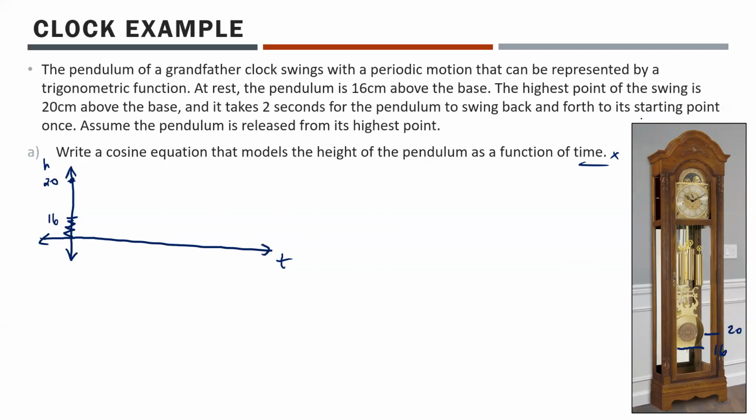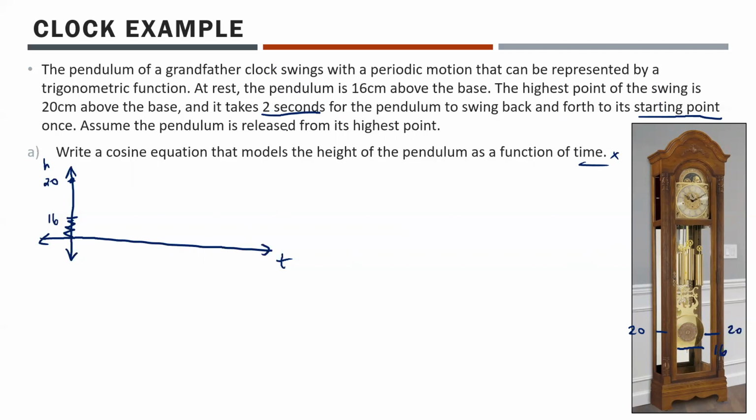But here's a really tricky part of these questions, and I chose this one first on purpose. This pendulum is going to be released from its maximum height, let's say over here, swing down, and then come back in 2 seconds. But notice when it swings down on the other side, it's going to hit its maximum height of 20 again. So really, this 2 seconds isn't just one period.